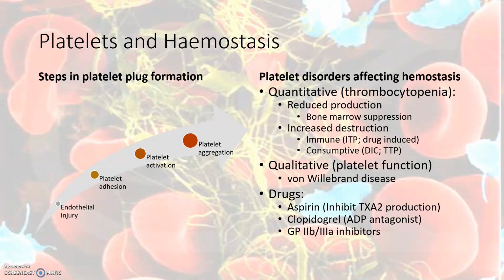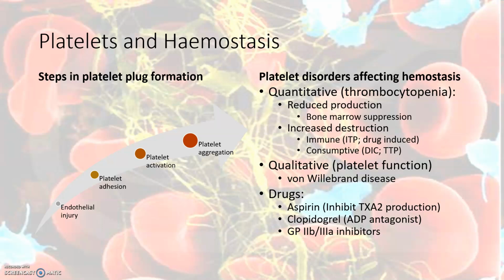So platelet disorders can be quantitative or qualitative. Quantitative disorders or thrombocytopenia can be due to reduced production from bone marrow suppression or increased destruction, as can be seen in ITP or drug-induced immune thrombocytopenia, or consumptive conditions such as DIC and TTP.